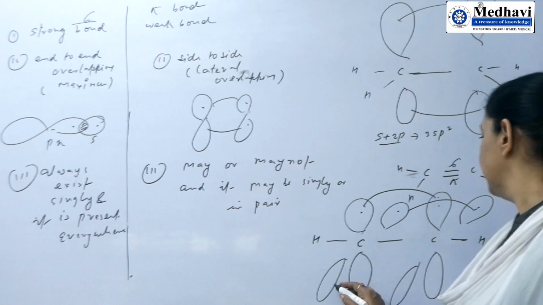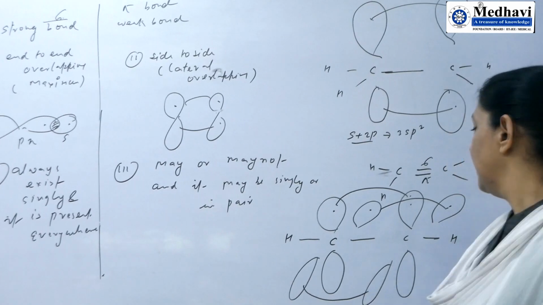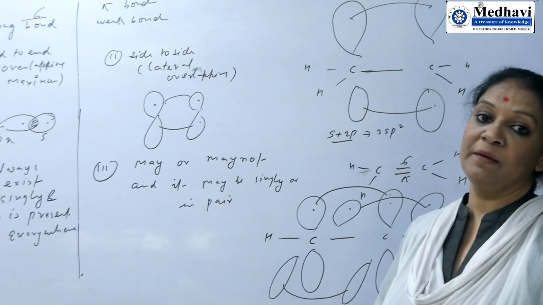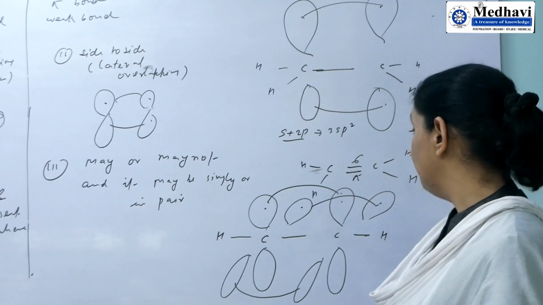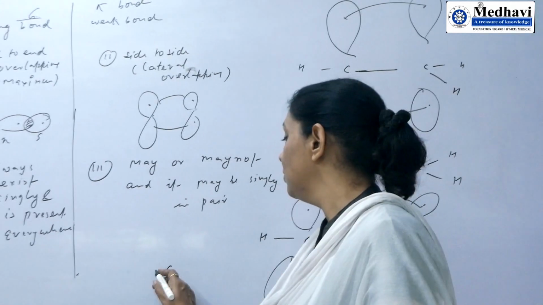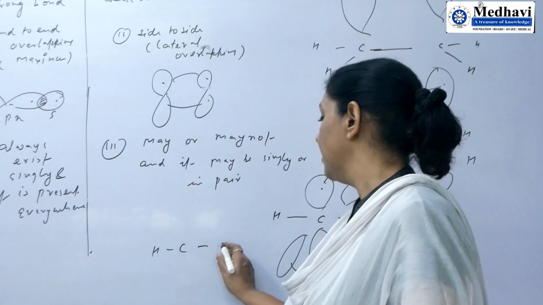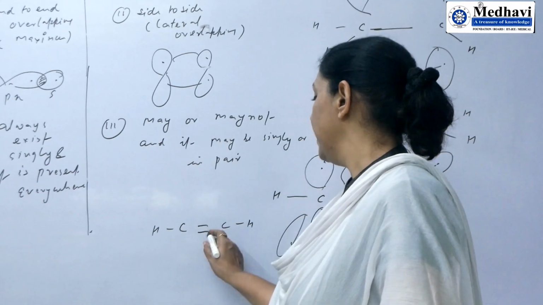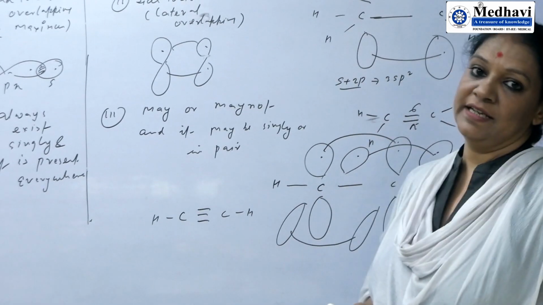You can show pz here. So py overlapping produces 1 pi bond, and pz overlapping will produce the next extra pi bond. So 2 extra pi bond formation takes place.